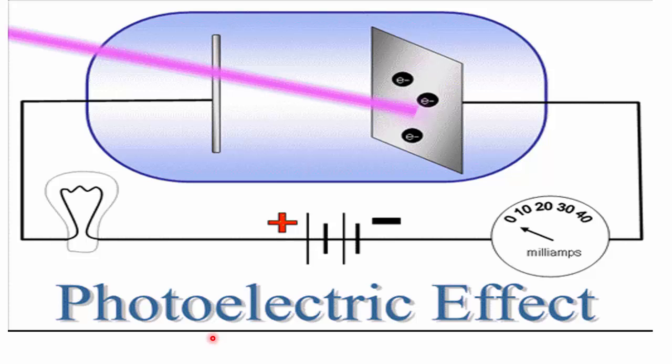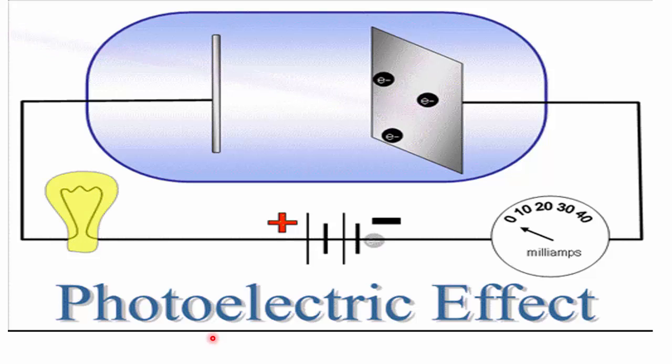So now, if this photoelectric effect is further studied, how to study further? See, we have light falling on this metal surface, and then additionally what we did, we have connected a circuit including a battery and an ammeter. So ammeter measures current.